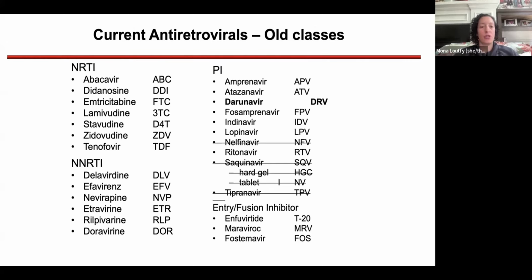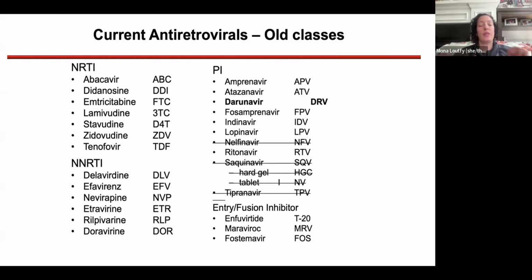So the first class to come out is reverse transcriptase inhibitors. And the first one of that was zidovudine. These are nucleotide analogs. Zidovudine, for example, is a thymidine analog. Do you see that?